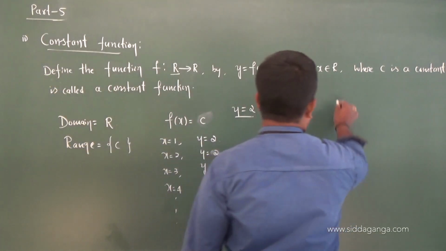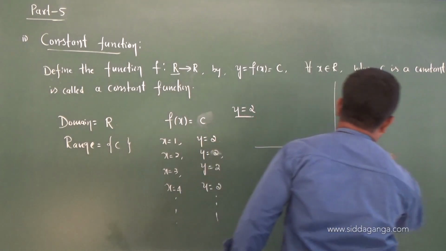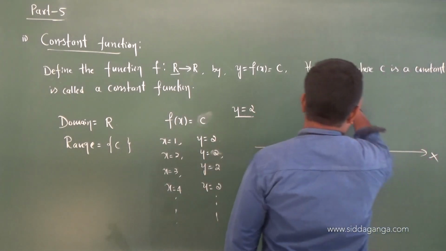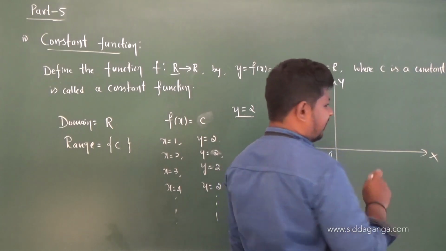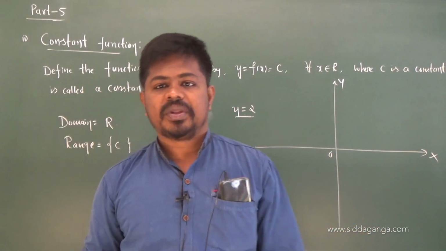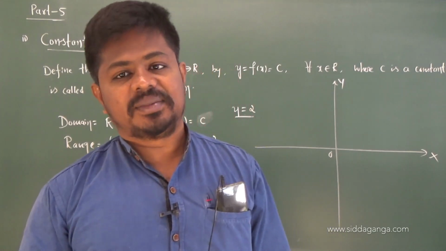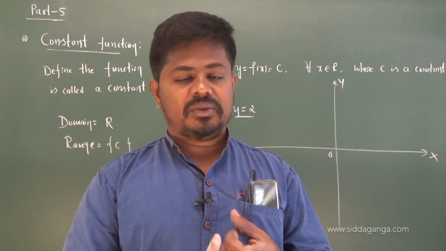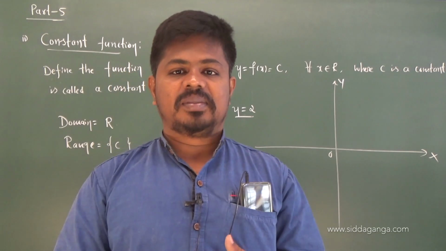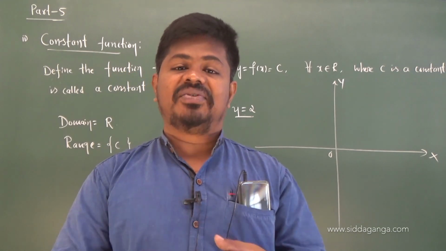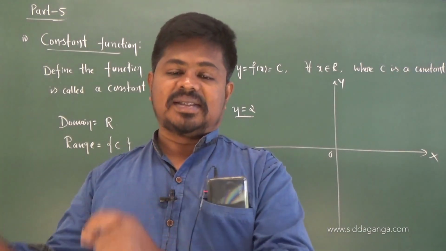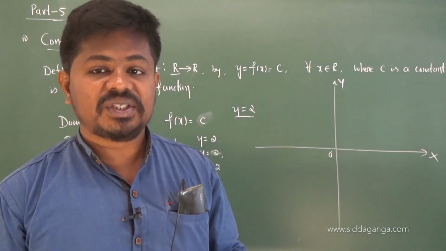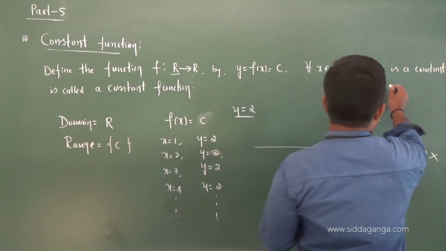Suppose they ask y is equal to 2, or they ask the question, define a constant function, where the domain and the range of the function are needed. You write the definition. Domain, you write set of all real numbers, and graph, you write in a sentence: graph is a line parallel to x axis, passing through 0 comma c.